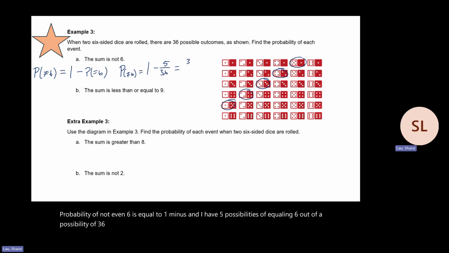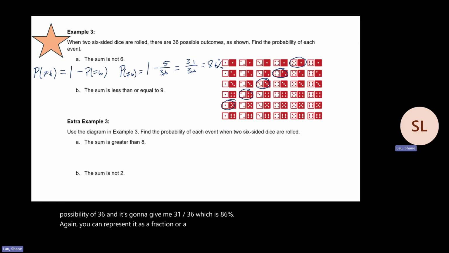And it's going to give me 31 over 36, which is 86%. Okay, again, you can represent it as a fraction or a decimal or a percentage. So P of not equal to 6 equals 86%.